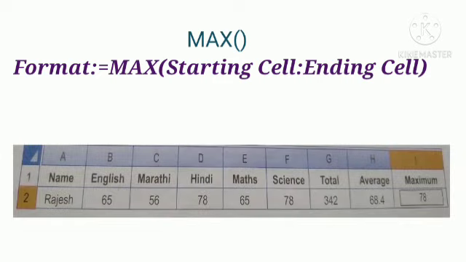Now student, the starting cell is B2 and the ending cell is F2. Type the formula in the I2 cell and then press the Enter key. The maximum marks are displayed in the I2 cell.